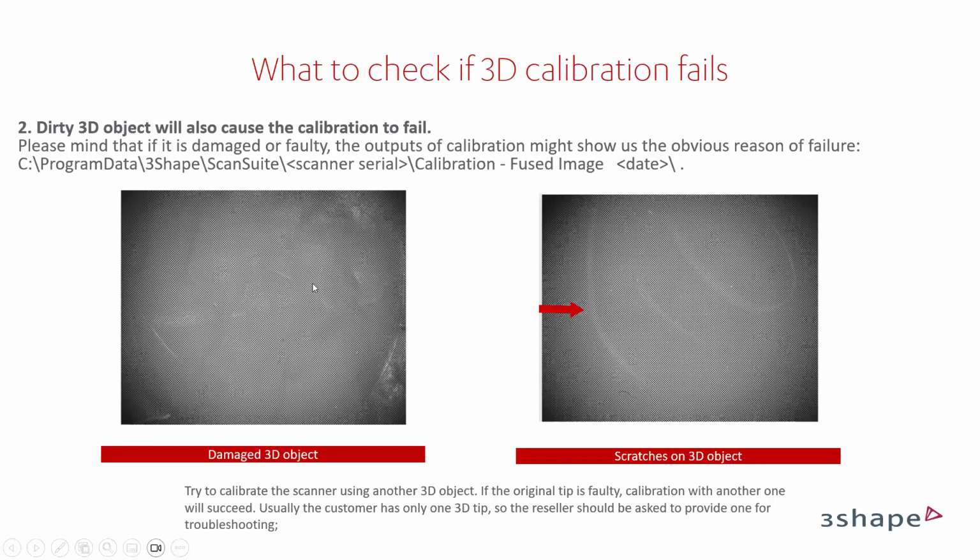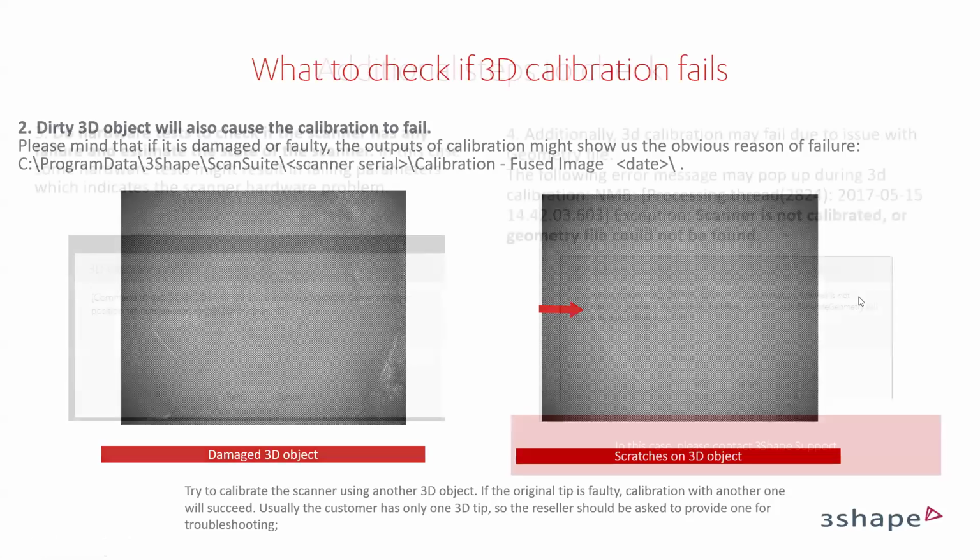If this gray area is damaged, as shown here in the image, it means that this 3D tip is damaged and should be replaced. If you have some scratches, they may also affect the 3D calibration, and this 3D calibration object should be replaced as well.